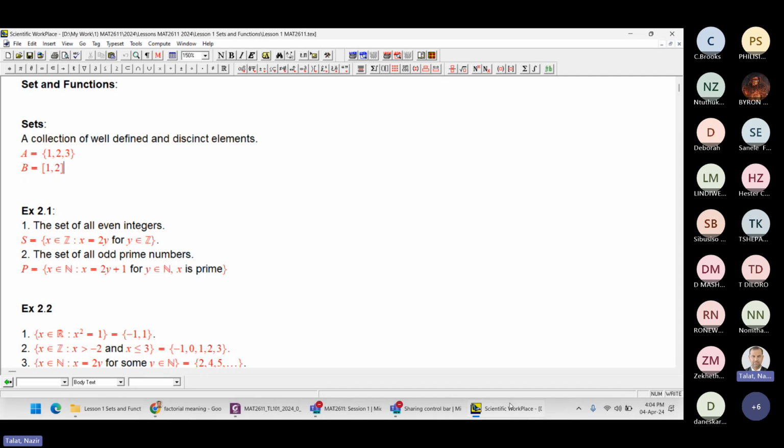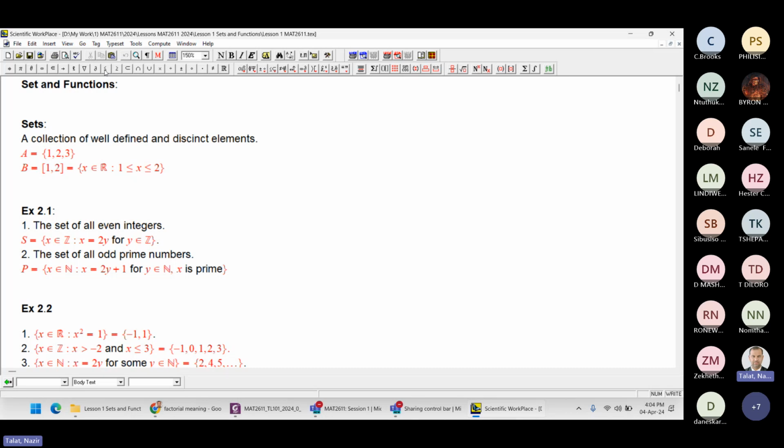You can also write this in set-builder form. For instance, it contains all the elements x from the set of real numbers such that 1 is less than or equal to x and x is less than or equal to 2.